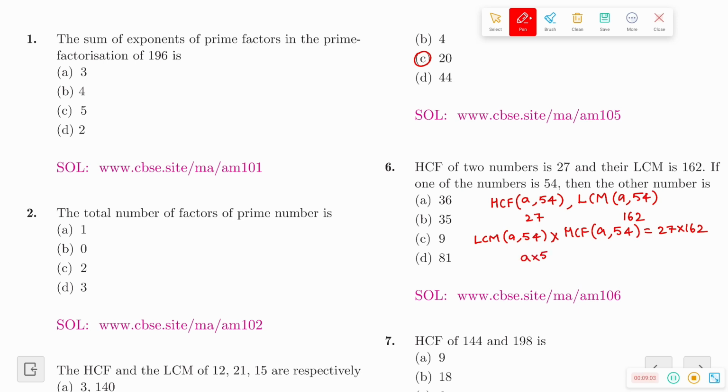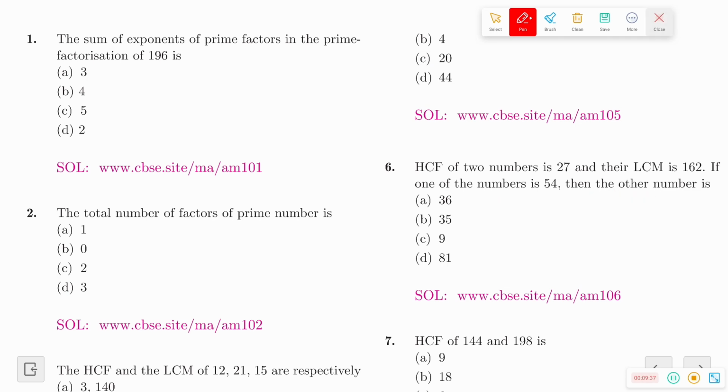So A into 54 is equal to 27 into 162. A is equal to 27 into 162 by 54. 27 ones are 27, 27 twos are 54, so A is equal to 81. Hope you understood. This is also one of the important points to remember: LCM into HCF is equal to the product of two numbers.